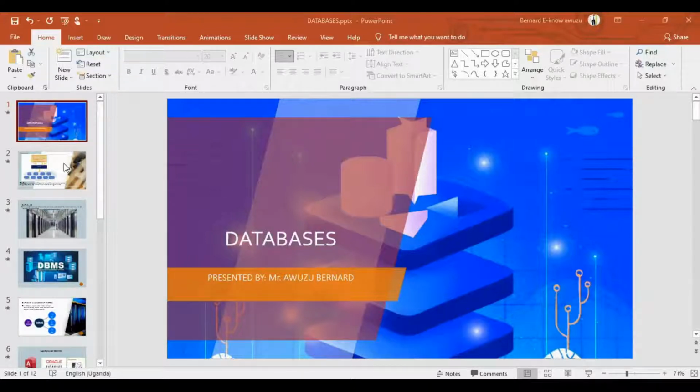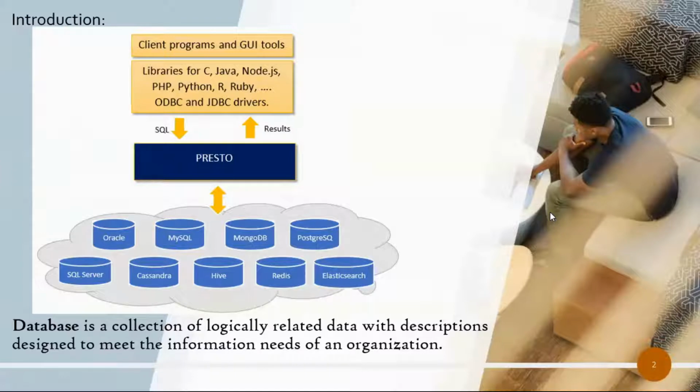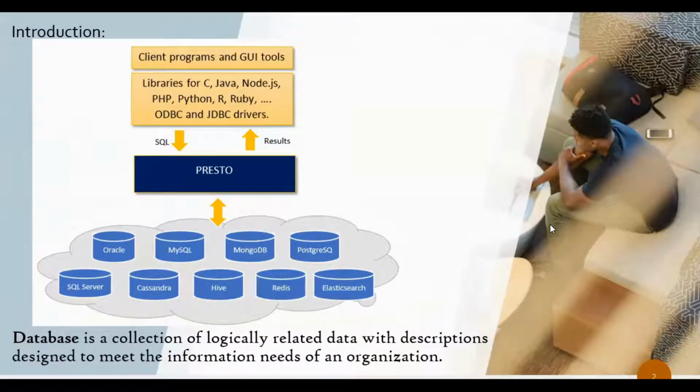When we talk about a database, members, we're talking about a collection of data, and this data which is being collected should be related. So, a collection of logically related data with descriptions designed to meet the information needs of an organization. If you have an organization or a company, this organization deals with a lot of information. Information is flowing from one department to the other, from one office to the other.